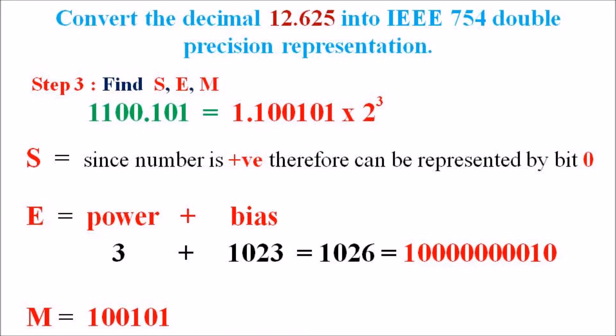So we got the second term, the exponent, in 11 bits: 10000000010. Next, M is for the mantissa part. The mantissa in this example is 100101, the fractional portion of the result. So we got every term.